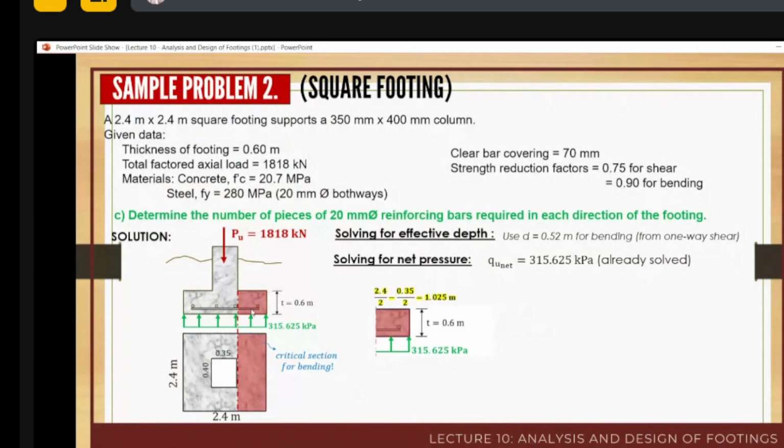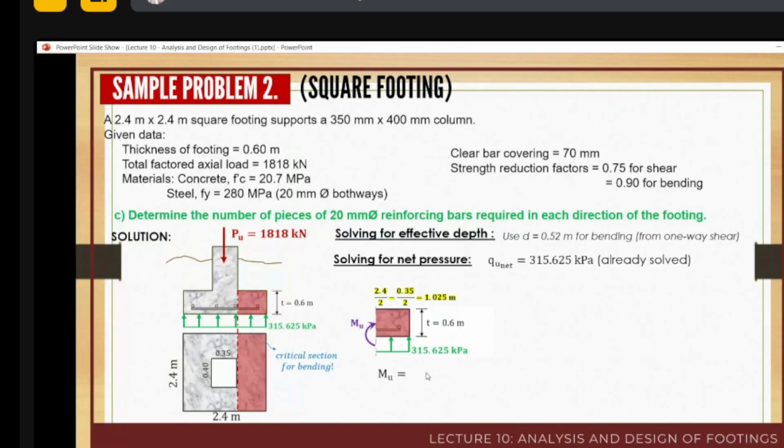So for bending, from the face of the support, critical section na siya gikan diha towards the end of our footing. Diha ang critical section for bending. So kanang naka-color of pink, total area. This is for the cross-sectional. This is the top plan, no. So many ang total area for critical section for bending.